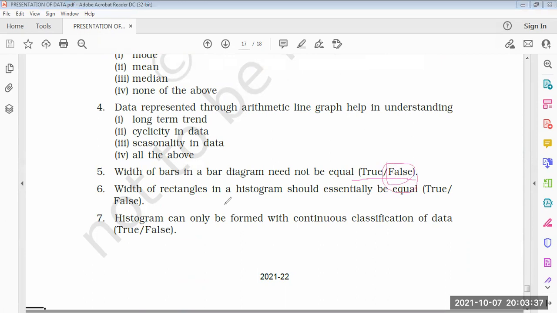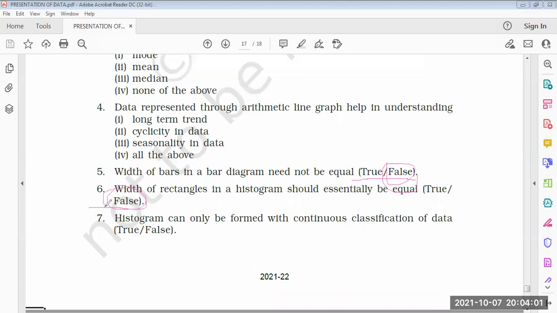Next, width of rectangles in a histogram should essentially be equal. Is it correct or not? False. Should they be equal or can be unequal? It can be unequal. Very good. So the sixth one is false.